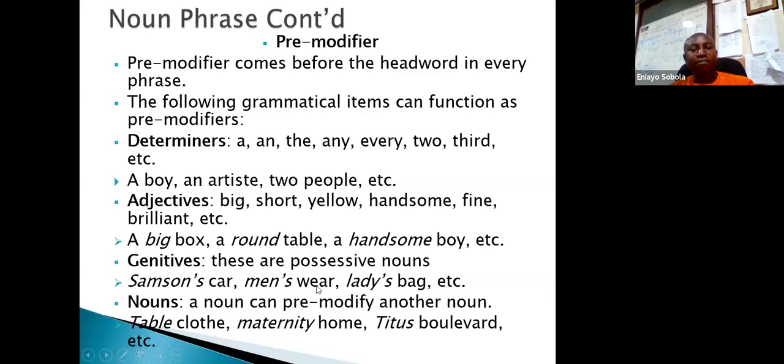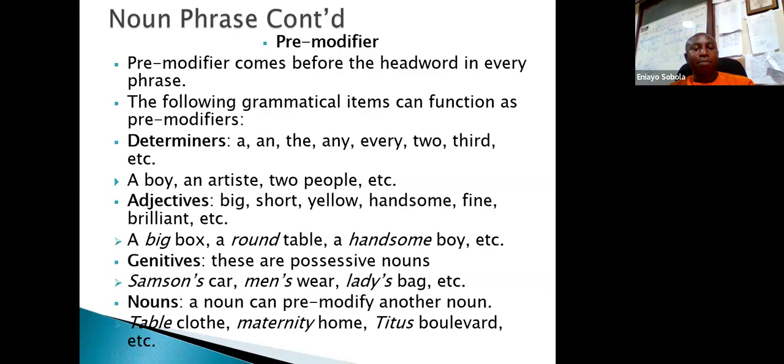Men's wear. Where is the head word? Wear. Men's is genitive, indicating the ownership of the wear we're talking about. Ladies' bag, the same thing. And besides genitives, we can have a noun pre-modifying another noun. It can even be in sequence.